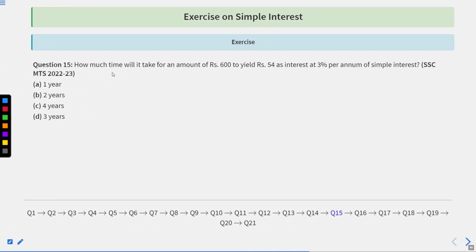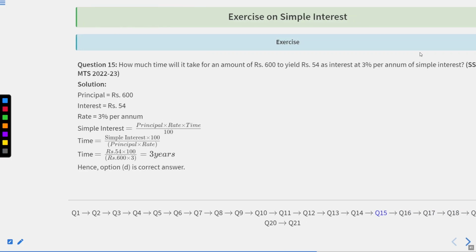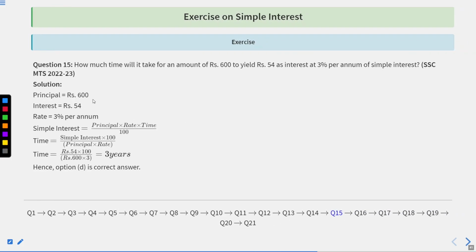Question number 15. How much time will it take for an amount of rupees 600 to yield rupees 54 as interest at 3% per annum simple interest? So let us have a look at the solution. Principal is equal to rupees 600 and interest is 54.